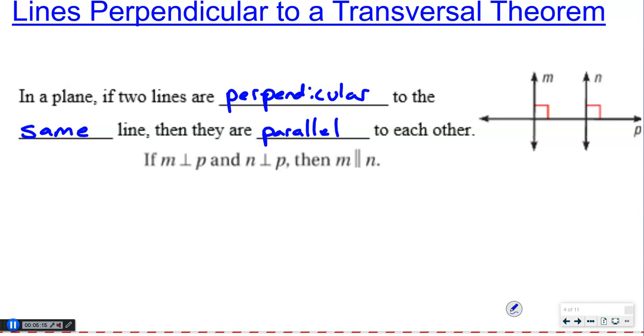So what it's saying down here at the bottom, if M is perpendicular to P, and N and P are perpendicular, then we know M and N are parallel. So in a plane, two lines are perpendicular to the same line, so M and N are both perpendicular to line P, then they are parallel to each other, meaning they will never cross.